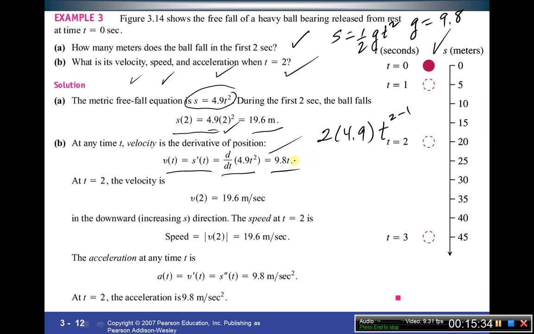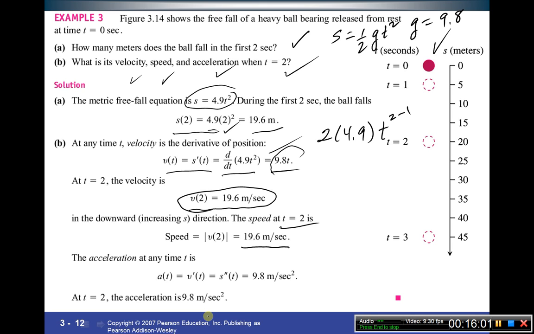So this gives the velocity at any time. At 2 seconds, obviously it's 2 times 9.8, or 19.6 meters per second. The speed at time t equals 2 is the absolute value of that, which is 19.6 meters per second also.